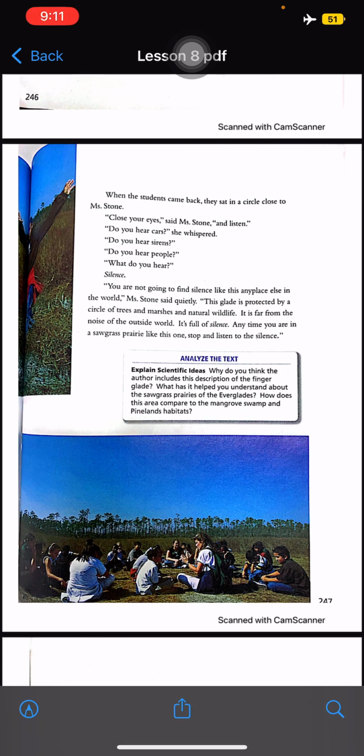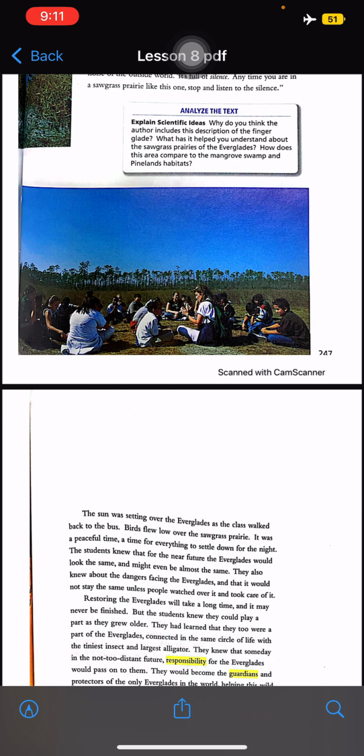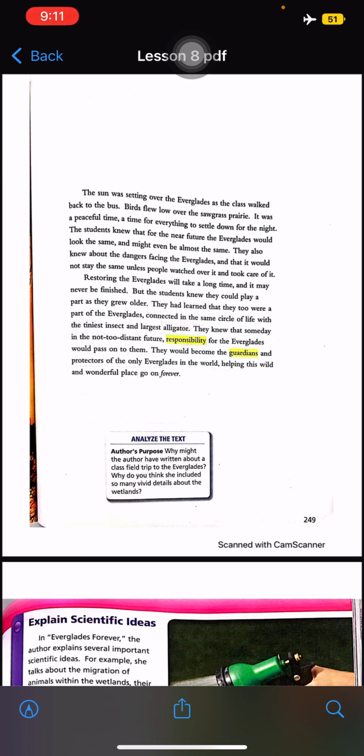So she is telling them the importance of this place, and how they can live in this wildlife, this natural wildlife, and we have to protect it from disappearing. Then in this one, the writer is trying to tell us about the weather that surrounds the students in the Everglades.